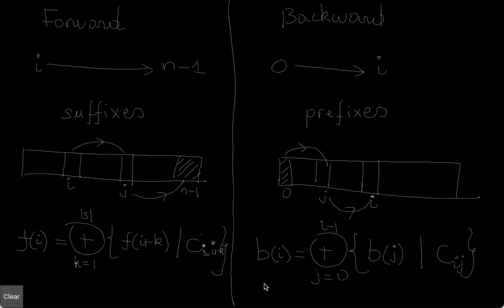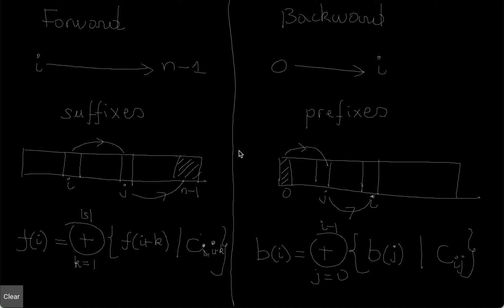Here the recursion formula is a little bit abstract again, but it bears some similarity with the one we have on the left. In this way, it's going to be nevertheless easier because we know that we're going to be calling the prefixes, and those prefixes need to satisfy some transition condition with i. So essentially, you can solve any problem by either thinking forward or backward.